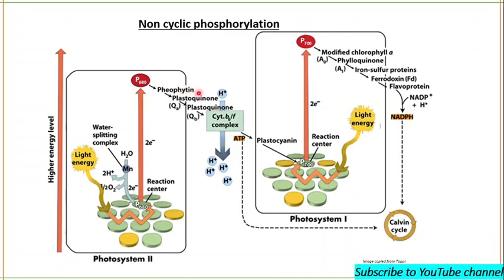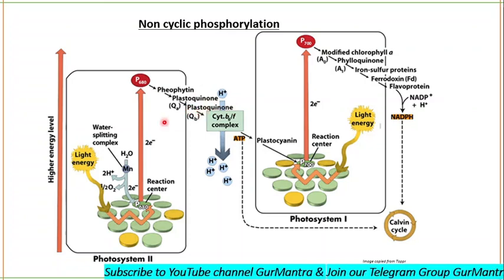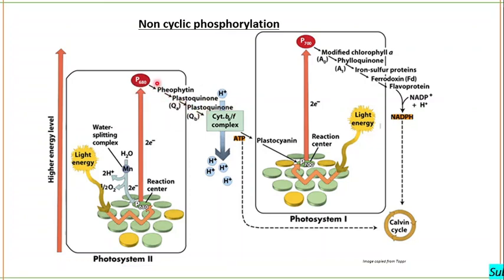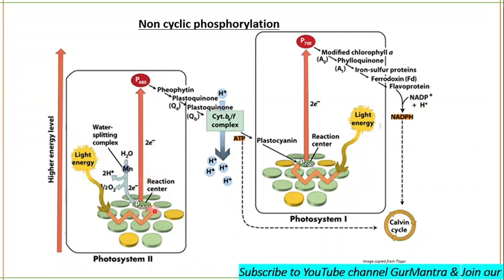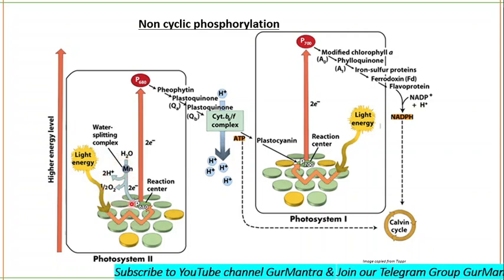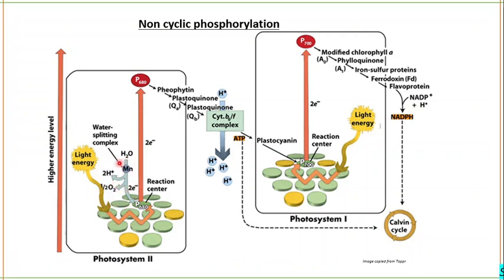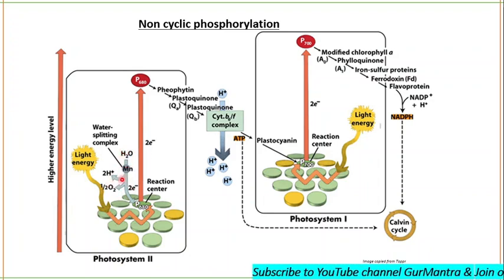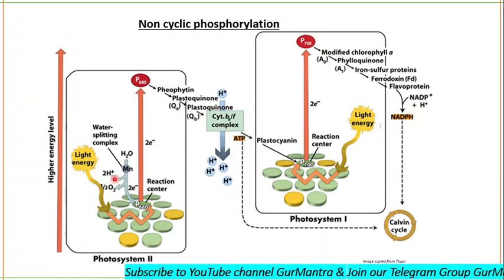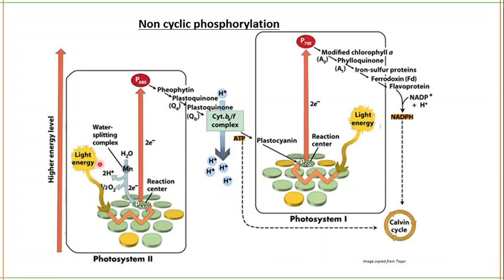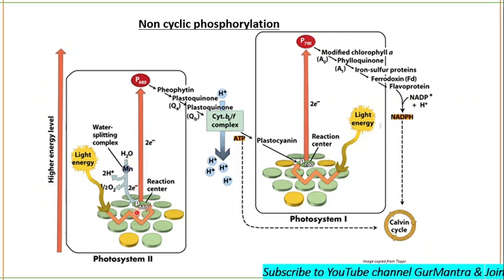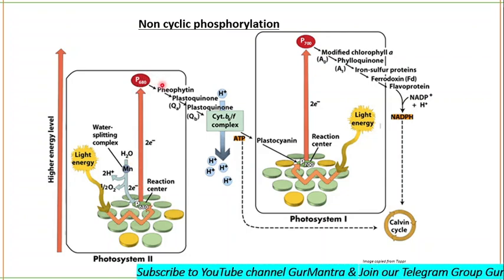Pheophytin will transfer its electron ultimately to plastoquinone. Plastoquinone can accept 2 electrons, and after this transfer, P680 becomes P680 positive, and now it requires an electron, which it will get from the oxygen evolving complex, which will be splitting the water molecule and resulting in the release of 4 electrons and 4 protons per 2 water molecules. Fine. Then P680 will get its electrons, and ultimately it gives its electrons to pheophytin.